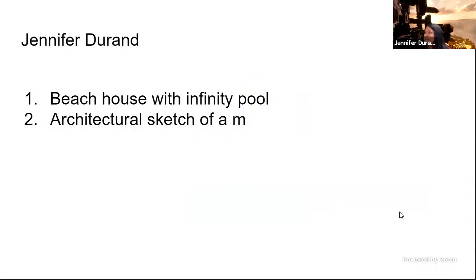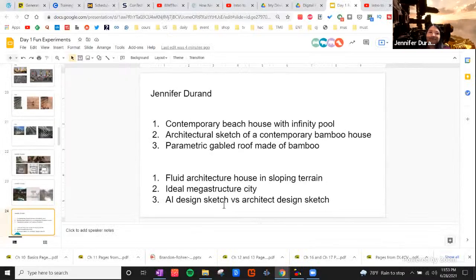I was writing my topics: a contemporary beach house with infinity pool, an architectural sketch of a contemporary bamboo house, a parametric gable roof made of bamboo. That's what I want to explore.